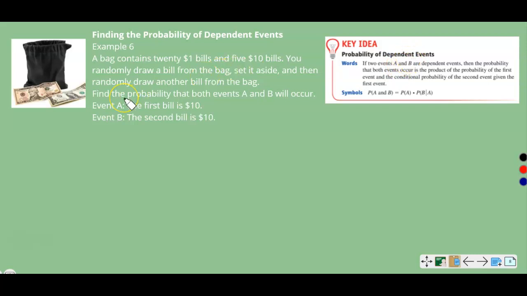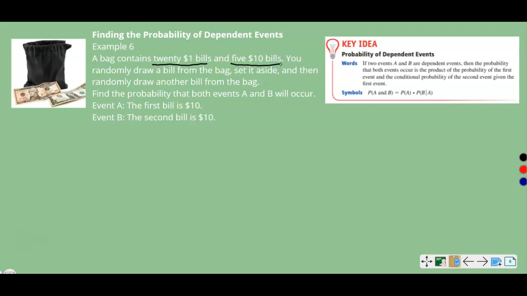All right, so find the probability that both events A and B will occur. Event A, the first bill, is $10. Event B, the second bill, is $10. Remember, 20 $1 bills and 5 $10 bills are in this bag.